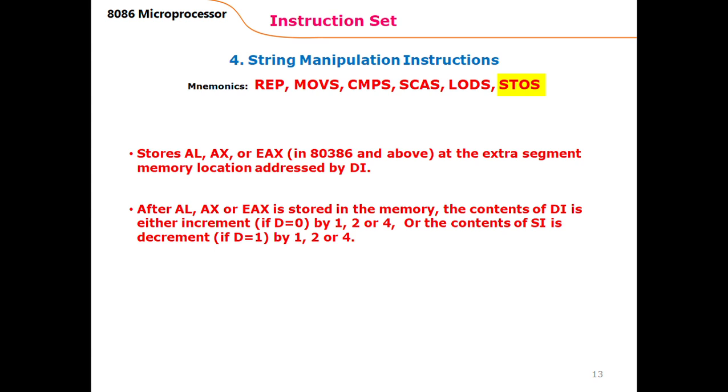The value that is added or subtracted from DI is the number of bytes that are moved from the accumulator, just like the string instruction that we talked about in this lecture.